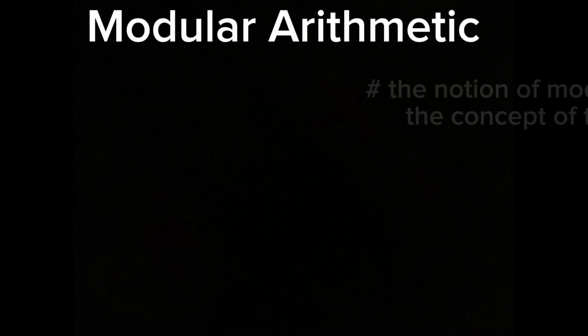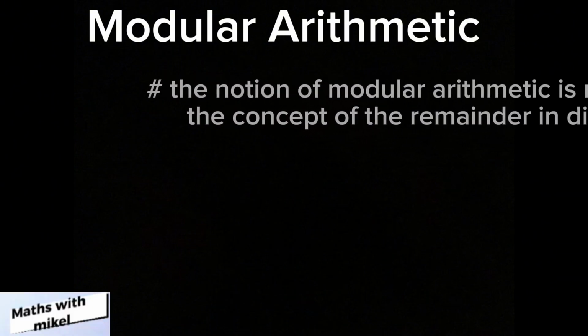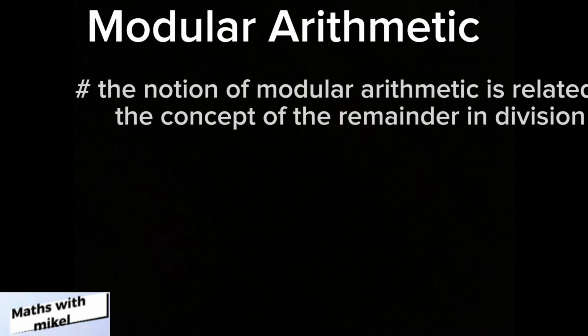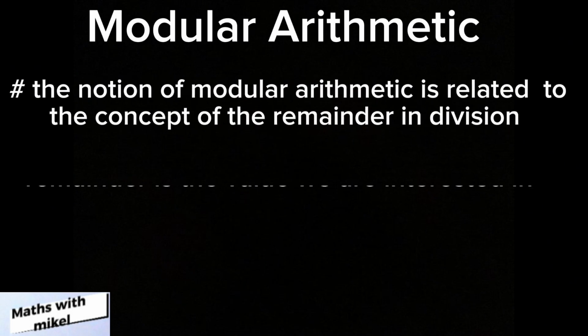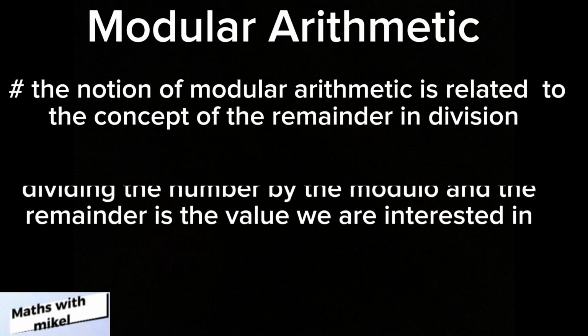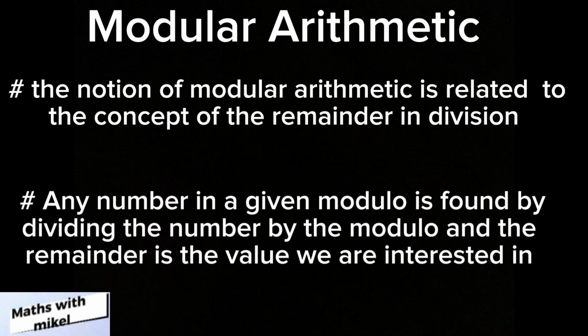Modular arithmetic. Now, if we talk about mod, what do we mean? Now, the notion or the idea of modular arithmetic is related to the concept of the remainder in division. So what that means is, anytime you hear about mod or modular arithmetic, what should come to mind is remainder.